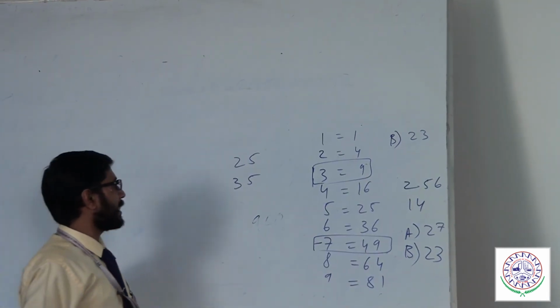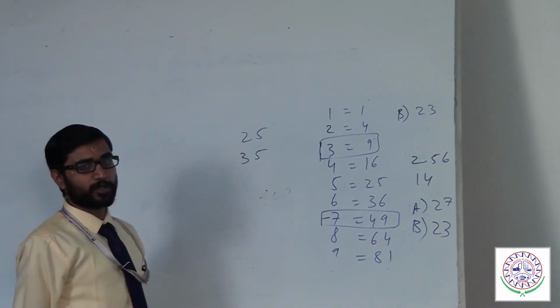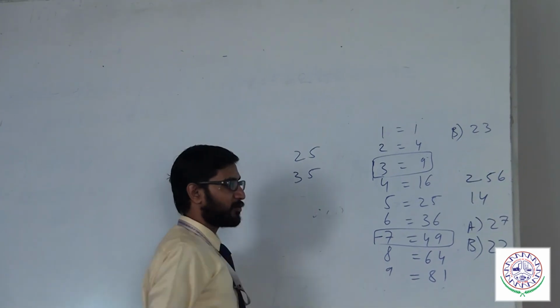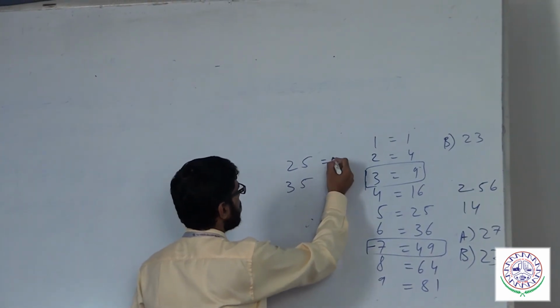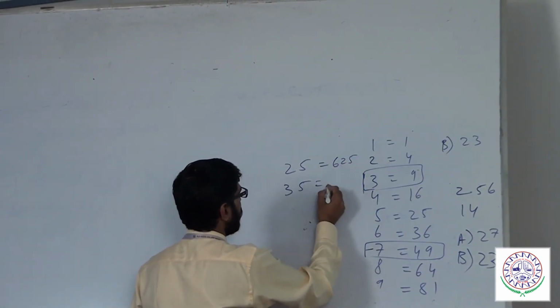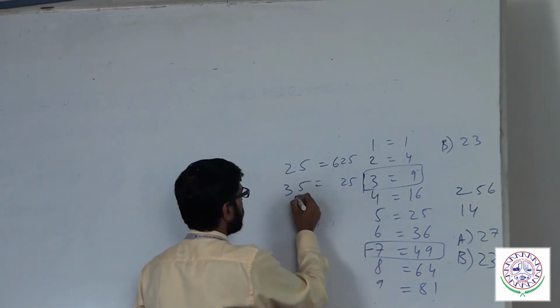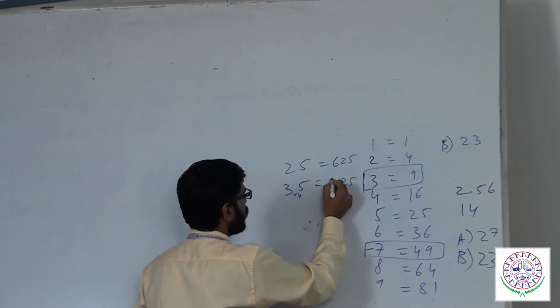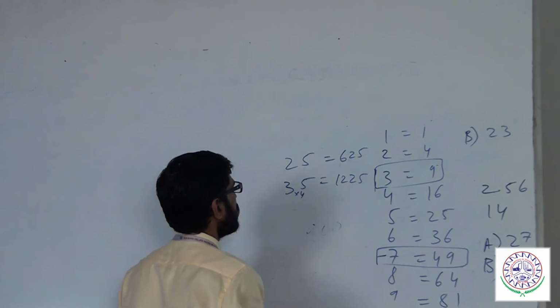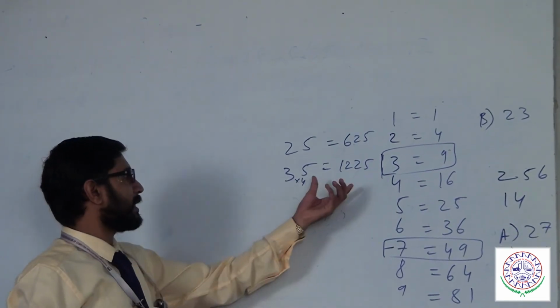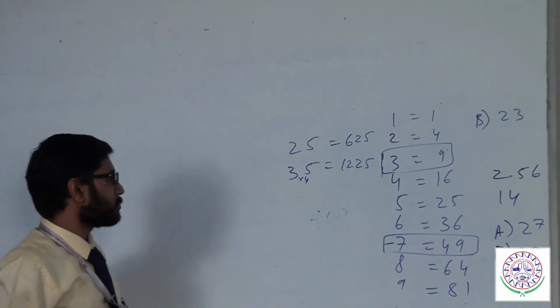The trick is to find the squares of numbers ending with 5. So 25 square and 35 square. How to do this? 25 square is 625. This is 5 square, 25, and 2 3s are 6.